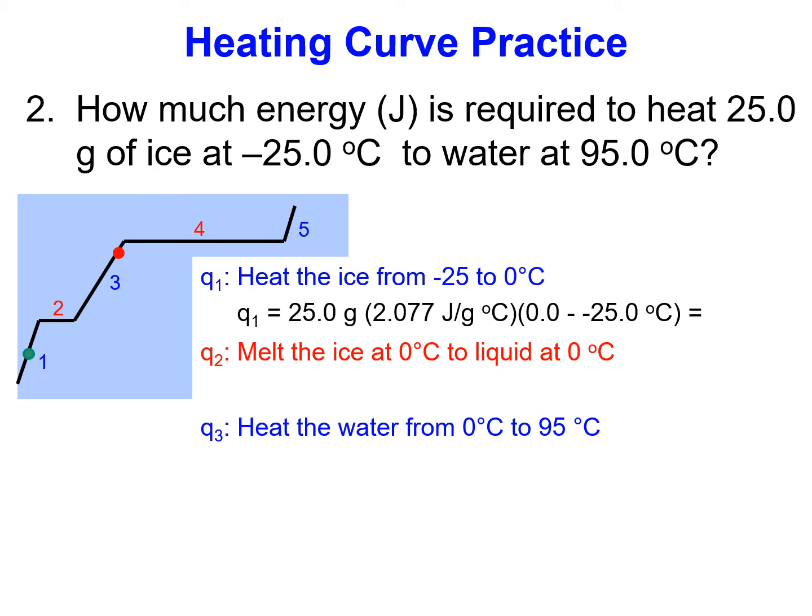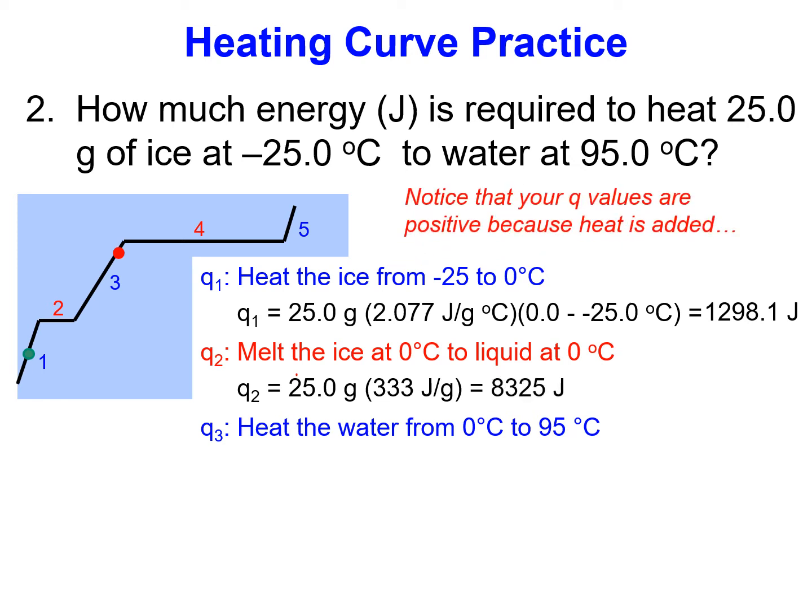Q1, again, you need your mass, the specific heat of the solid, and 0 minus minus 25. The second one, you don't need the delta T, you just need the heat of fusion, 333.